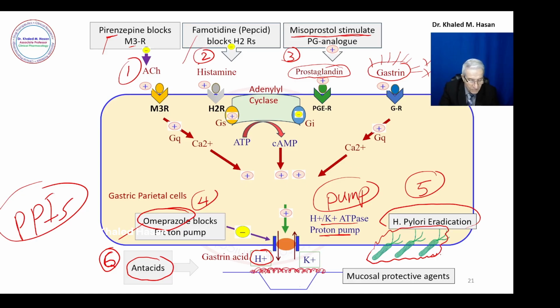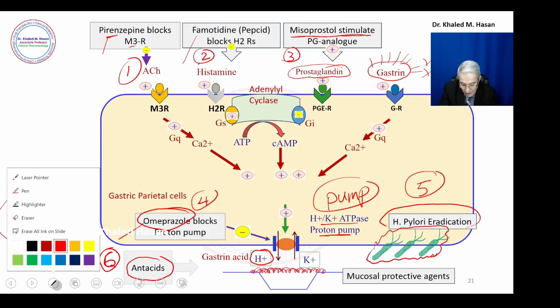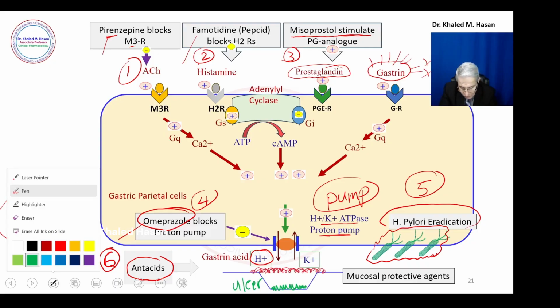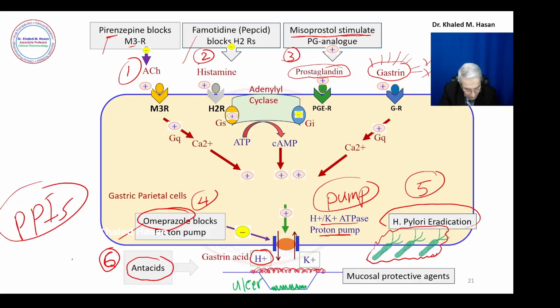And the last step is using a mucosal protective agent. You can see here we have the ulcer. Let me use a green one here, and this is the ulcer. We use a mucosal protective agent, and this protective agent tries to cover the ulcer.